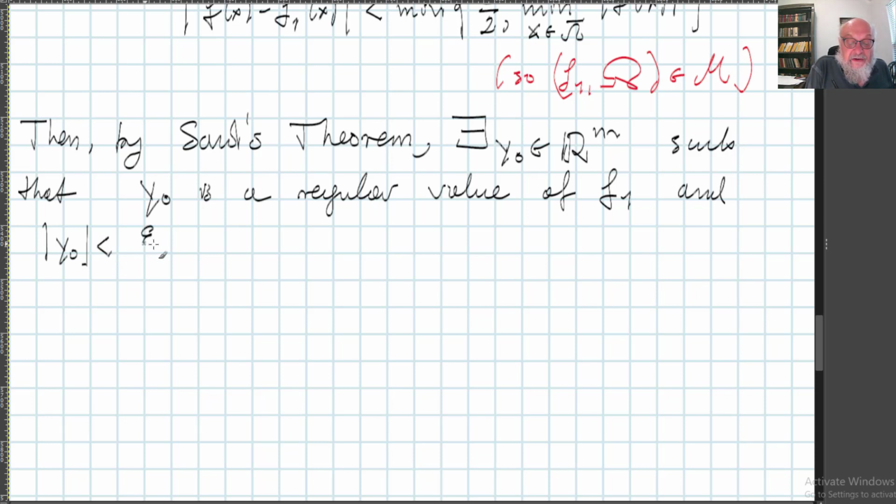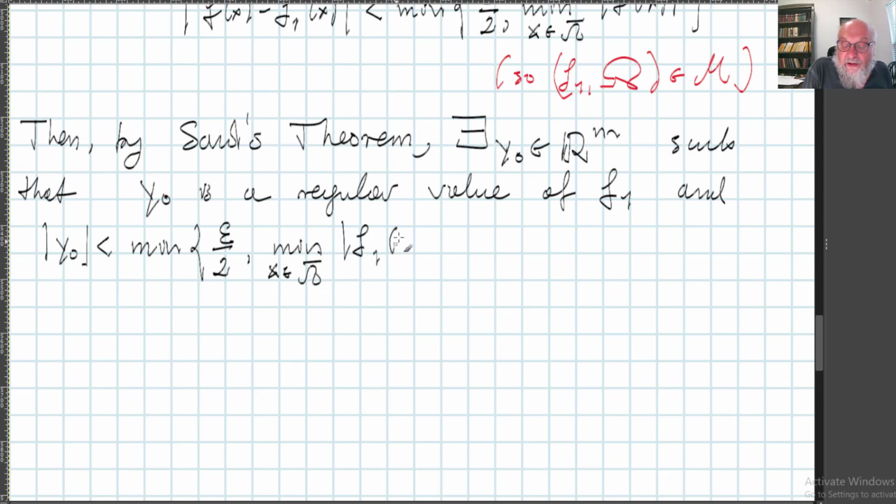epsilon over 2, in order to have an appropriate approximation, but I still want to assure that this approximation that I'm constructing is admissible. So I'll put the minimum of epsilon over 2 and the minimum of the norm of F1 of x, sufficiently small, for the purpose of having everything admissible.